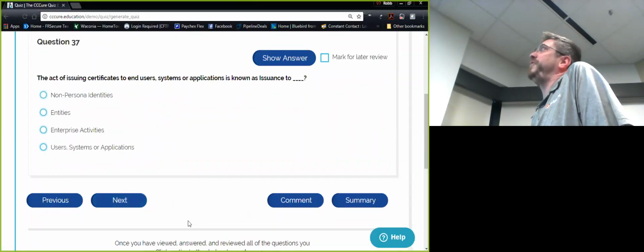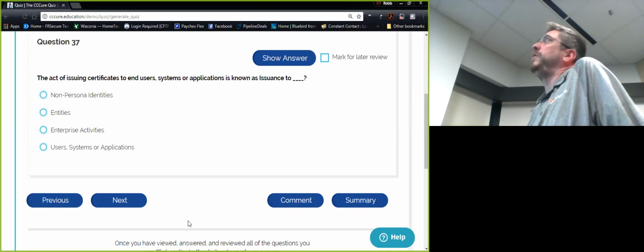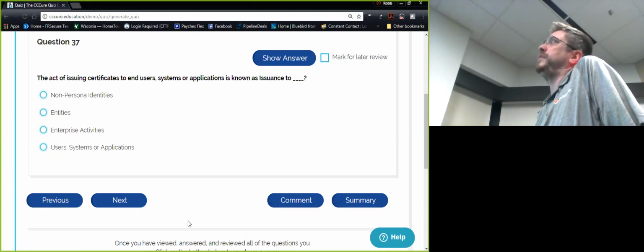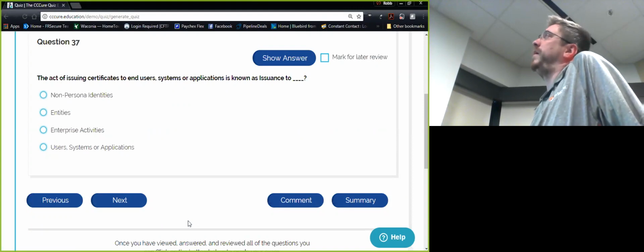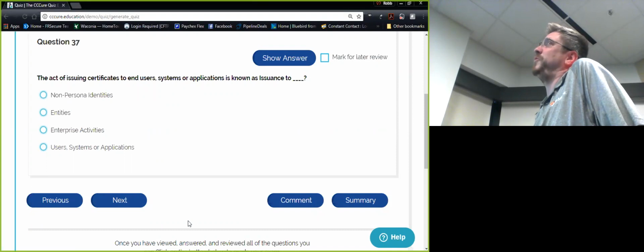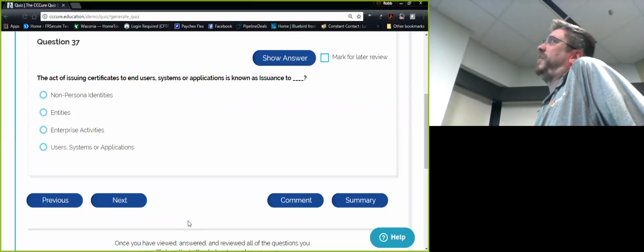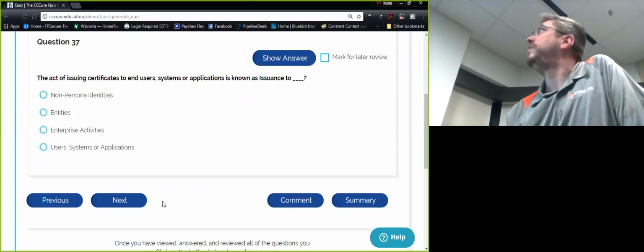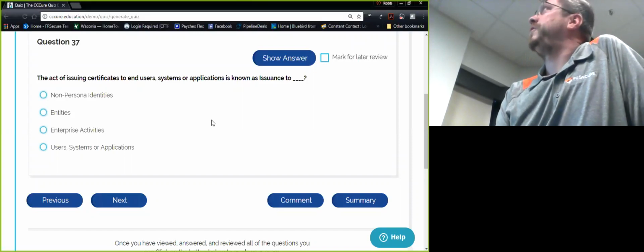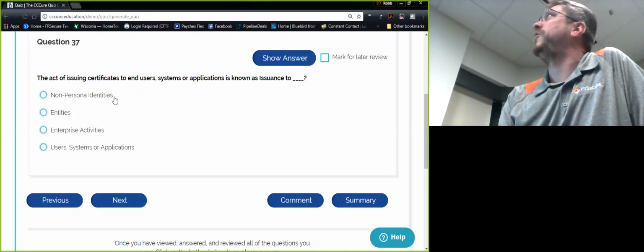The act of issuing certificates to end users, systems, or applications is known as issuance to non-persona identities, entities, enterprise activities, user systems, or applications. I guess issuing a certificate to end user systems, well, it's not non-persona.